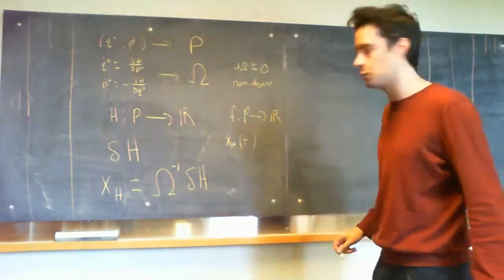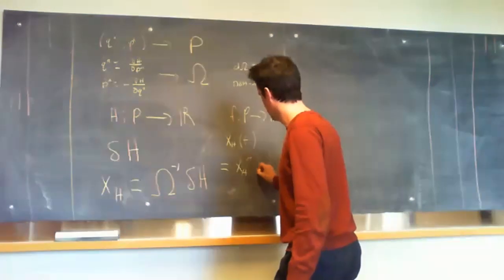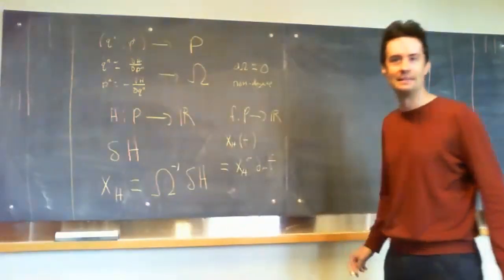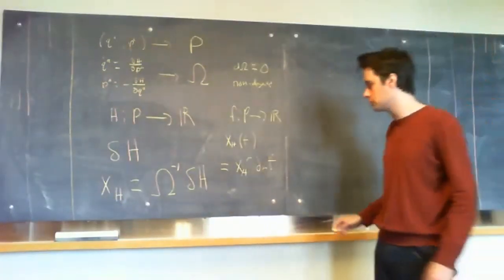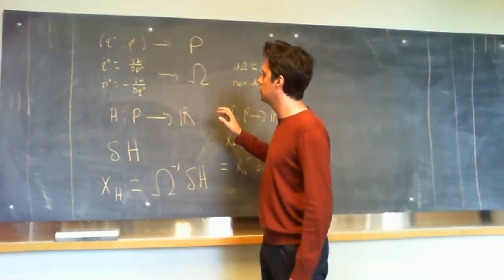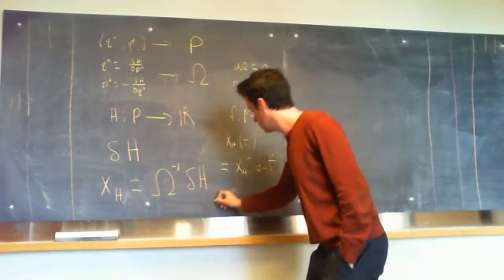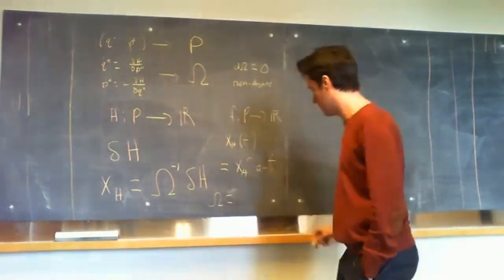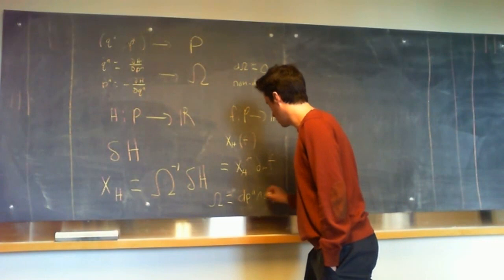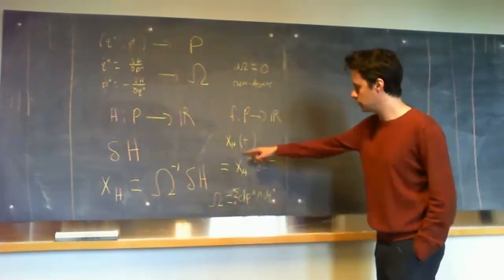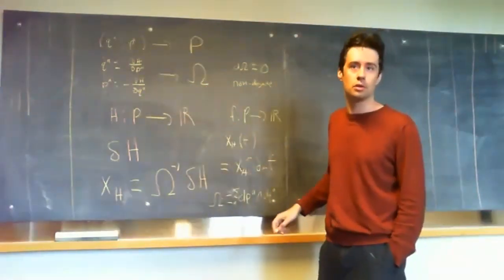That's what a geometer would say. If you want me to write it in index notation, it's something like X_H^mu d_mu f. Okay? That's the definition that gives the time evolution of any function. And if you then decide, in this example, that omega is the sum over a of dp_a wedge dq_a, and you use this geometric formula for the evolution, then you get back Hamilton's equations of motion.